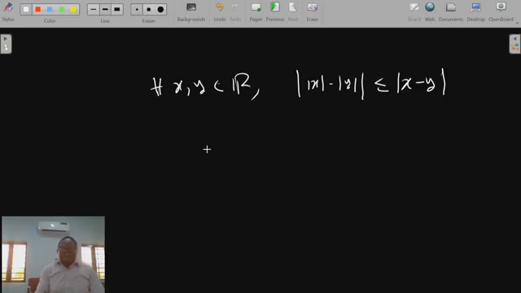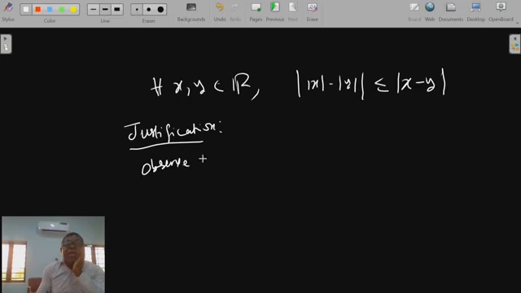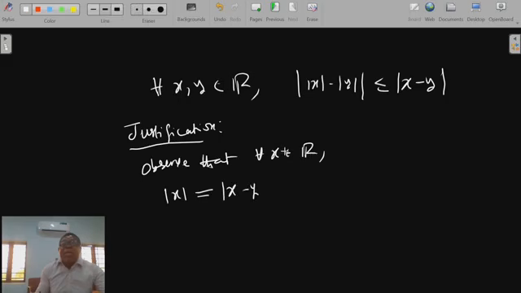So to do that, I want us to observe that for any x, y we pick in R, absolute value of x is equal to absolute value of x minus y plus y.